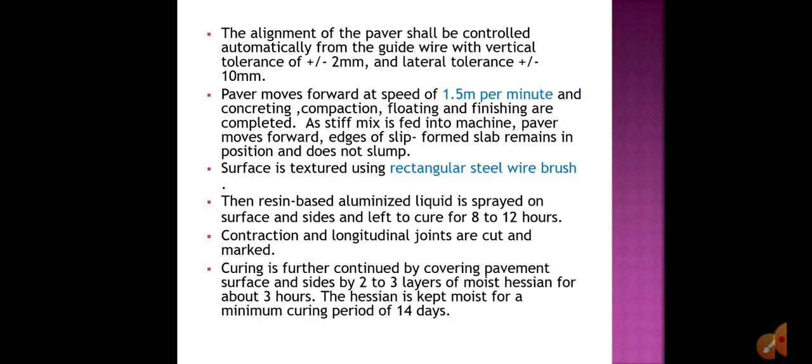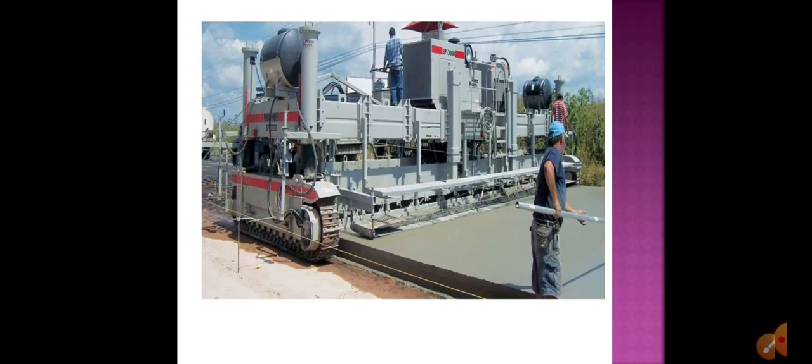So in the construction, this is the slip form paving train, this diagram you are seeing here. This is the spreader for the CC pavement.